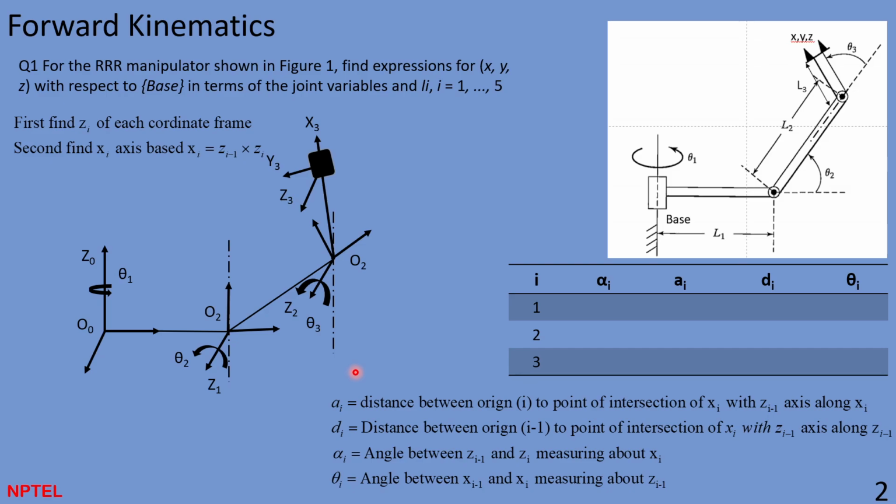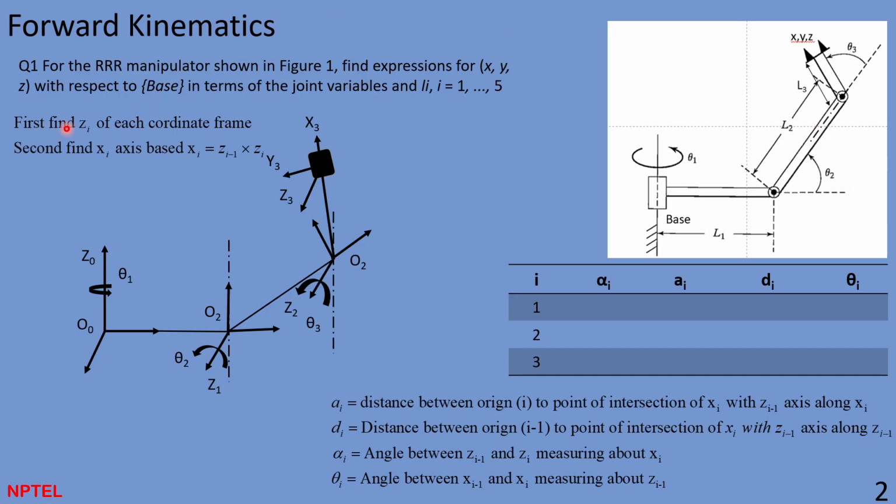Before that, we need to first of all get our coordinates straight. First of all, we need to set our z axis for the different coordinates of each point. There are three joints, and if you are considering the base link also, then there are four coordinate axes.